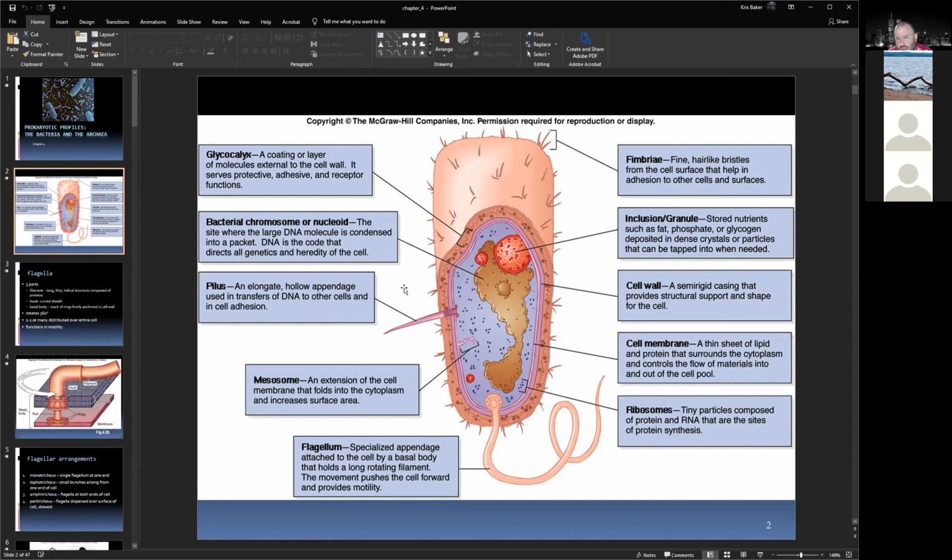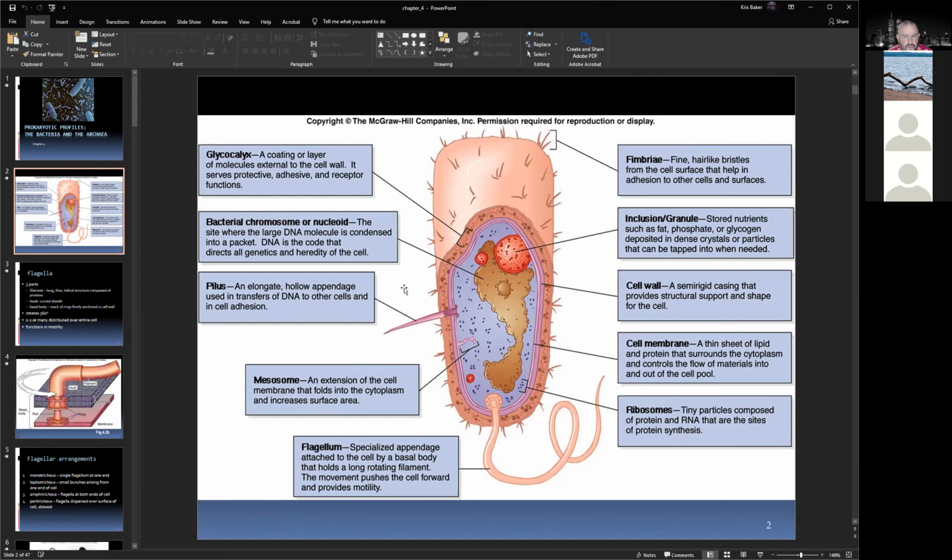Thinking of it from that perspective, there's a couple things that are new here. The glycocalyx or slime layer is a little new, an external covering outside of the cell wall made of carbs. Every now and again, you get some mesosomes, just infoldings of the plasma membrane. It increases surface area.